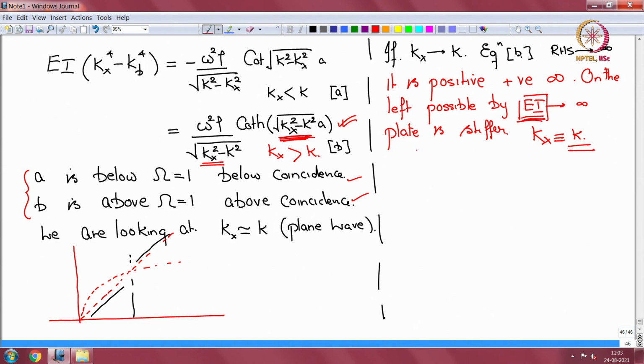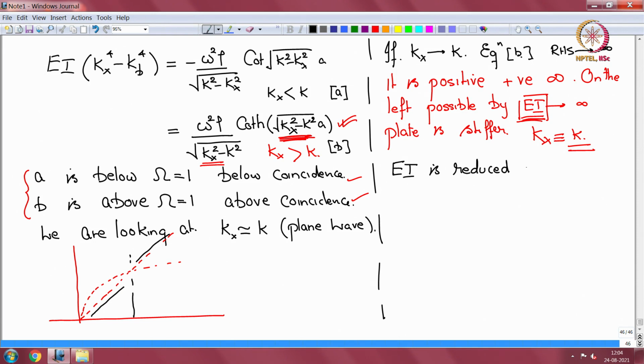On the other hand, the same argument holds if EI is reduced, that means the stiffness is reduced, the plate is becoming more flexible.